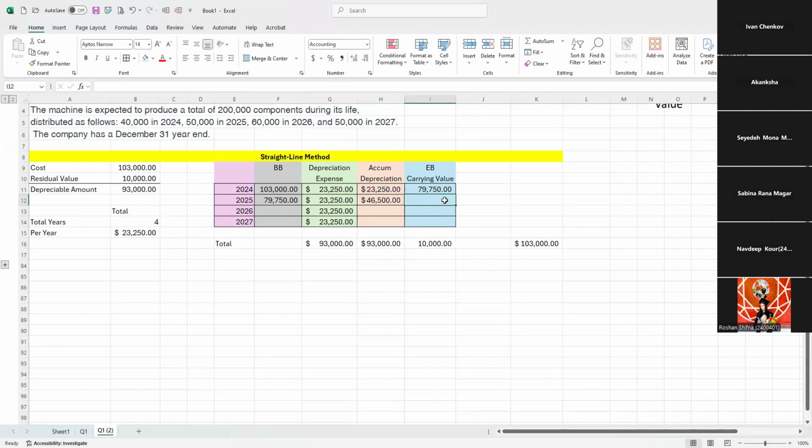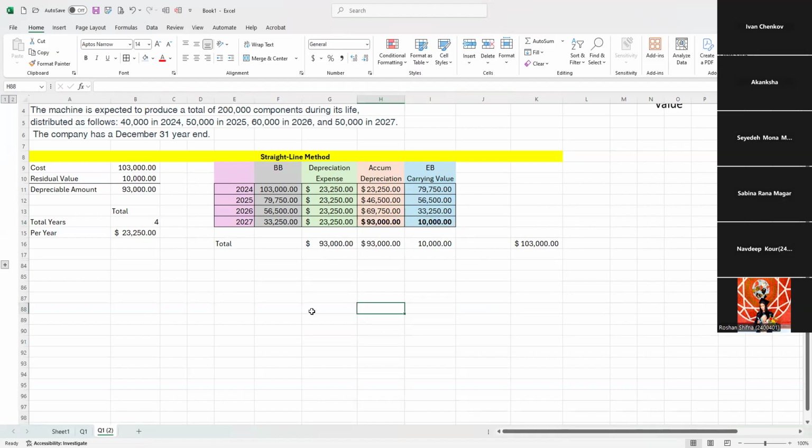And the ending balance is the beginning balance minus the depreciation expense. And once we drag it down, did we get what we wanted?